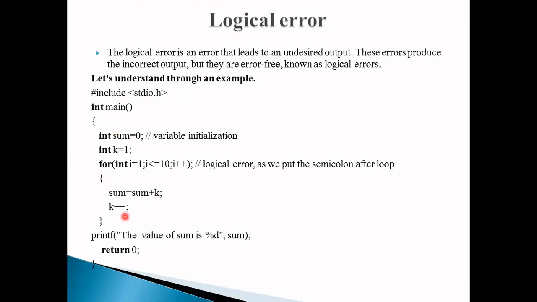For loop int i is equal to 1, meaning the value of i is initialized with 1. Next, i is less than or equal to 10, semicolon. Next is i plus plus. In the curly bracket, here we simply print the sum of the numbers.